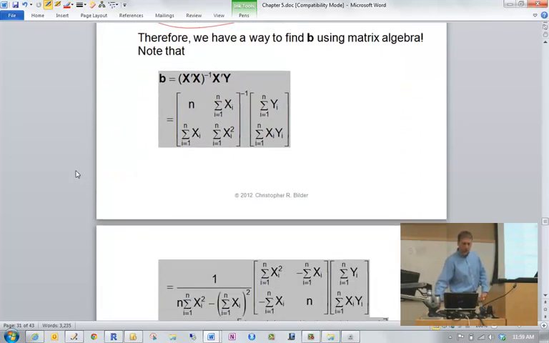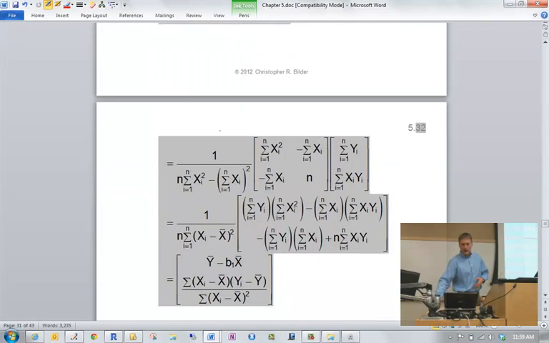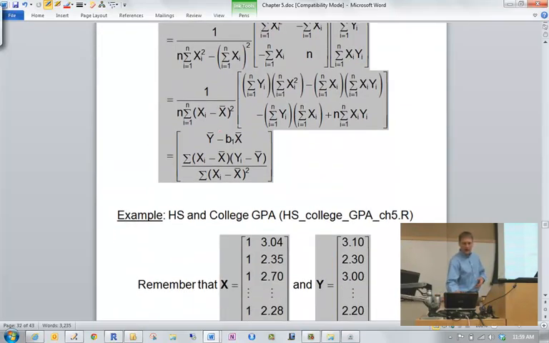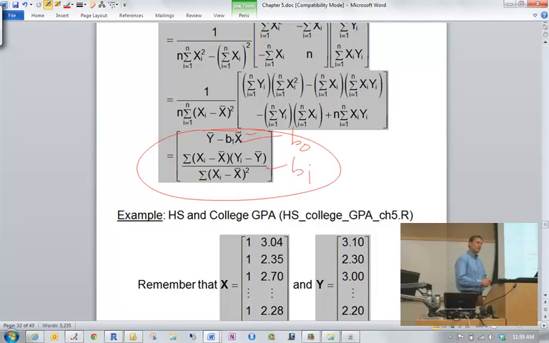I'll let you go through this on your own. I actually do the inverse and the multiplication all in terms of symbols, and you can see that we get exactly the same expressions for B0 and B1 as we did before.